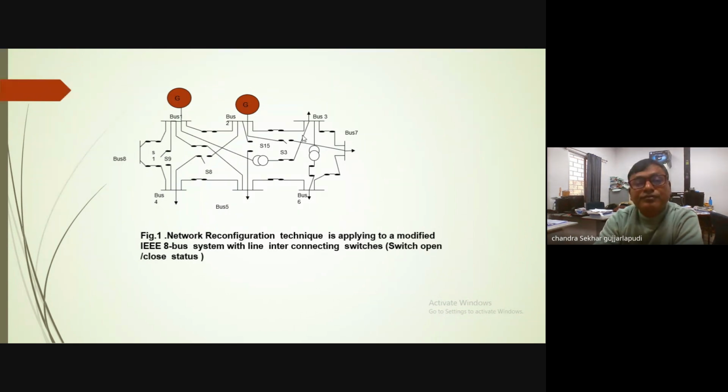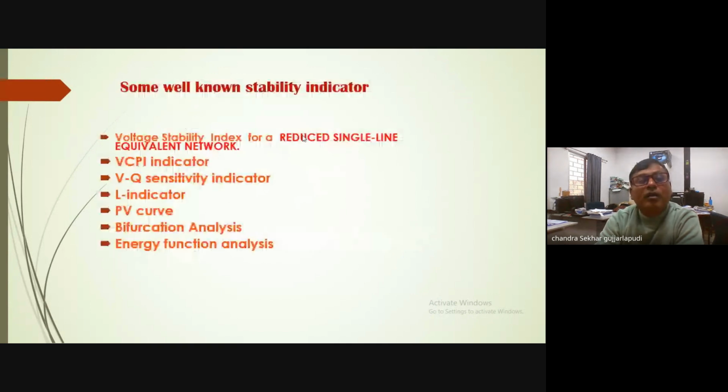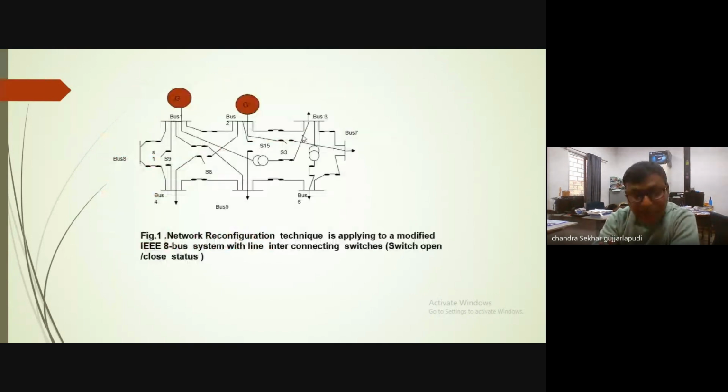In the present discussion, I have to show you how, through reconfiguration, we can assess the voltage stability using some machine learning technique.